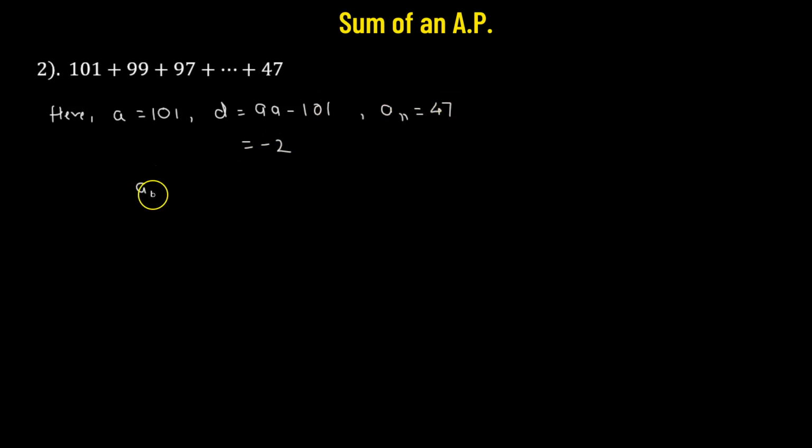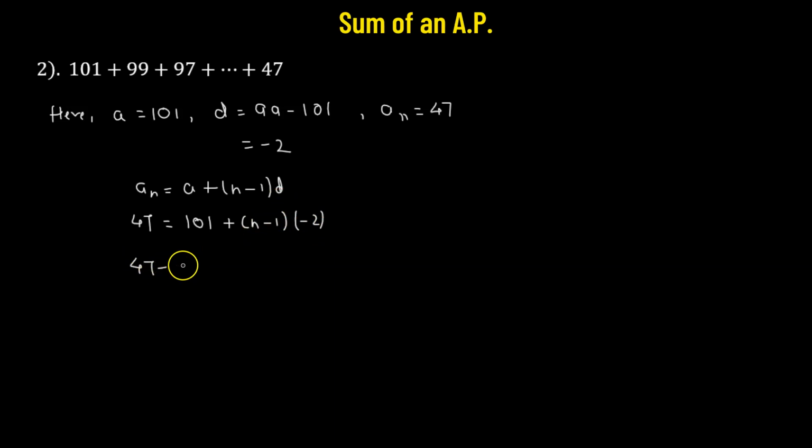So now I will use the formula a_n equals a plus (n minus 1) times d. Here a_n, the last term, is 47. That equals the first term, which is 101, plus (n minus 1) times negative 2, the common difference.